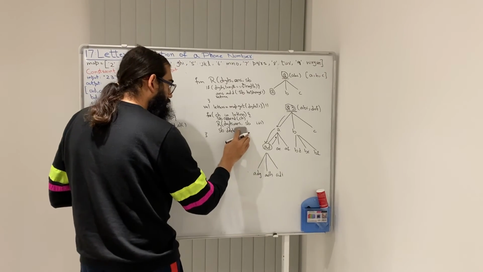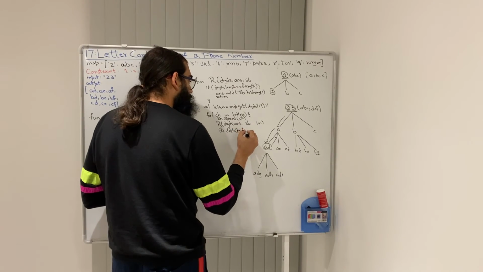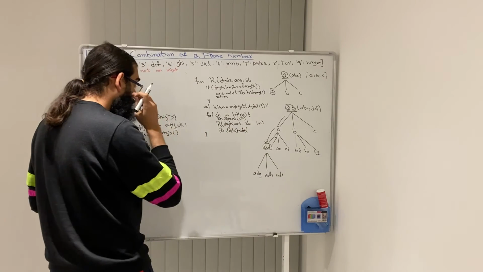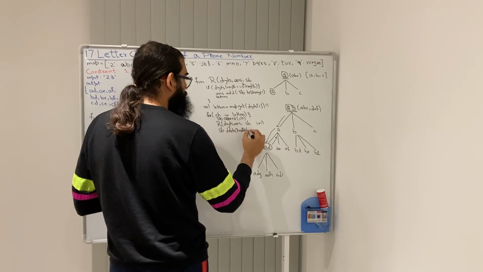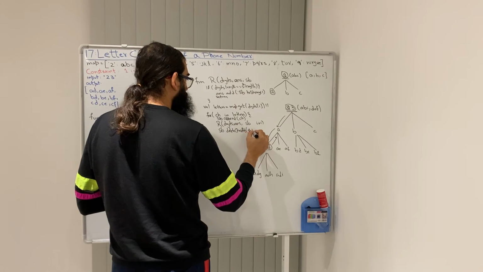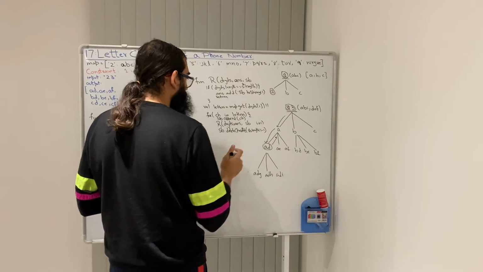I think the API is deleteCharAt and my index. So that index will be SB.length minus 1, so the last character basically.